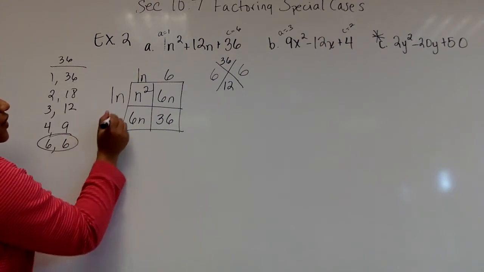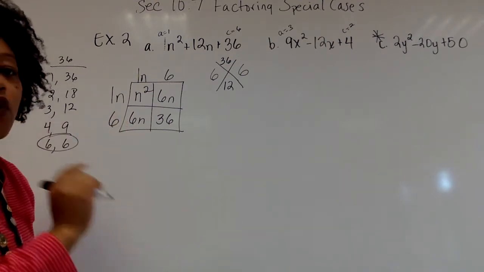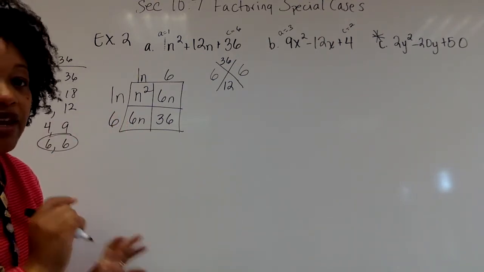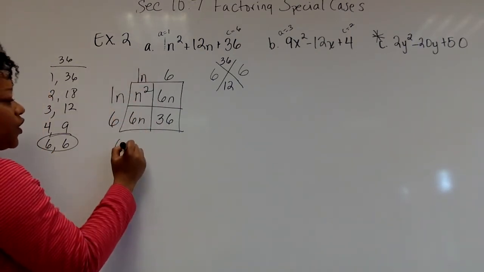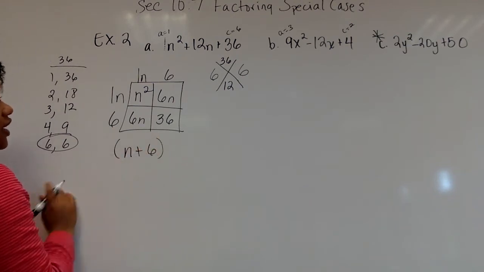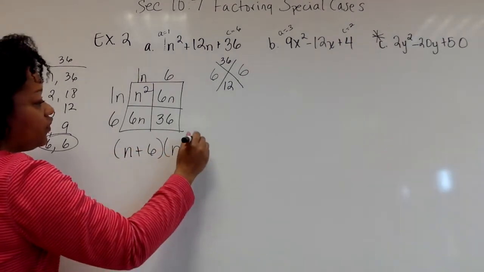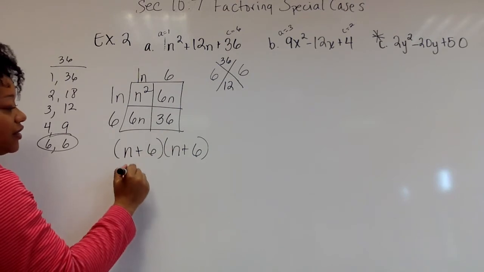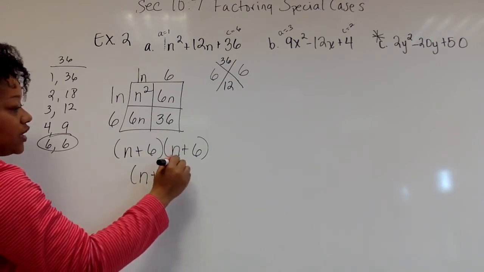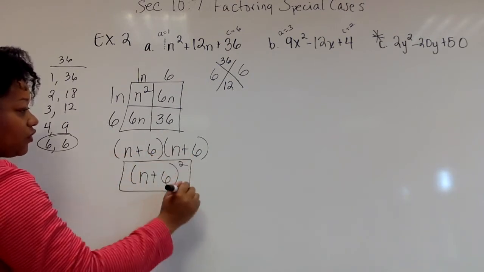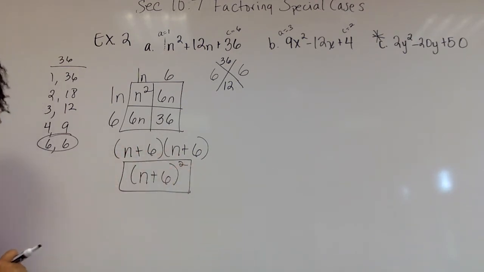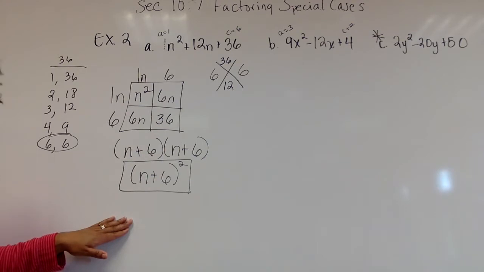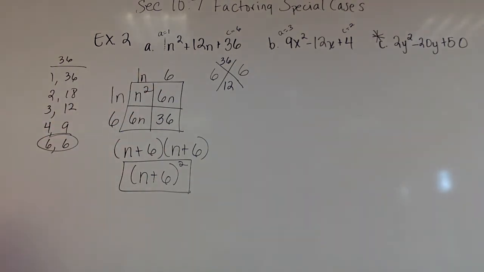Going across, the GCF is 6. If you don't want to put the 1, you don't have to. My first pair of GCFs times my second pair of GCFs, we can write as n plus 6 quantity squared. This is your answer. I'm multiplying it by itself, and that's where the squared comes from.